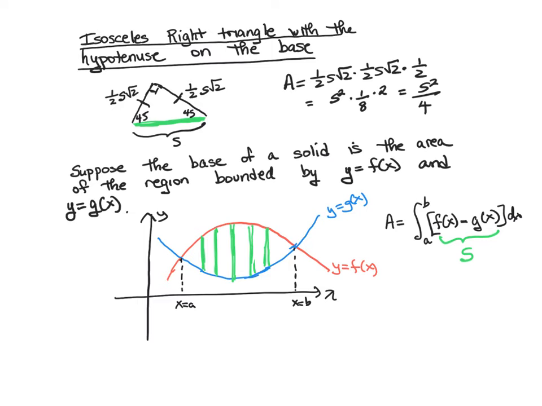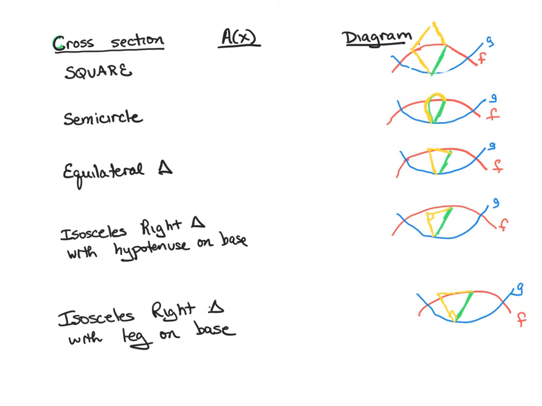So let's make a little list. Okay, so I listed all the cross sections we talked about. And remember that S represented the side of the square, the diameter of the semicircle, the side of the equilateral triangle, the hypotenuse of the isosceles right triangle on the base, and then the isosceles right triangle with the leg on the base.